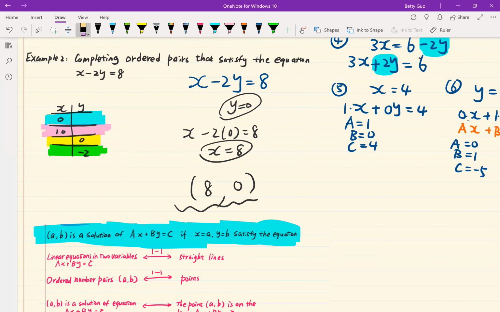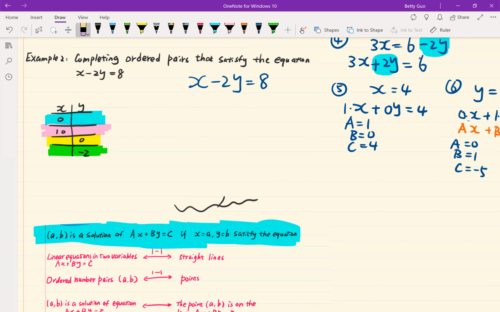Another point of example 2 is to practice, for a given value of x or y, how we solve for the value of the other variable. So we're going to complete this table.